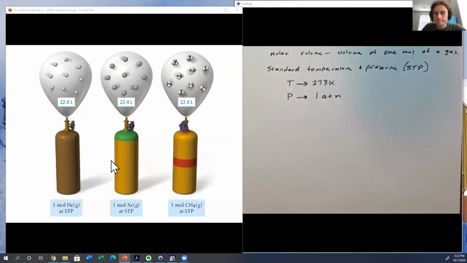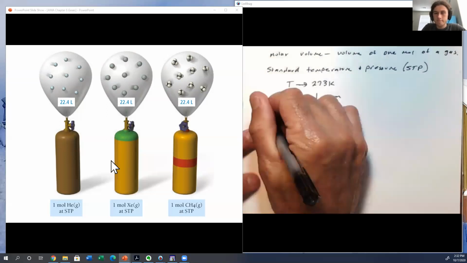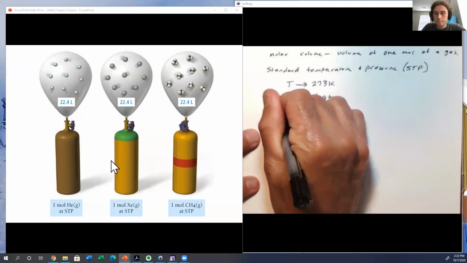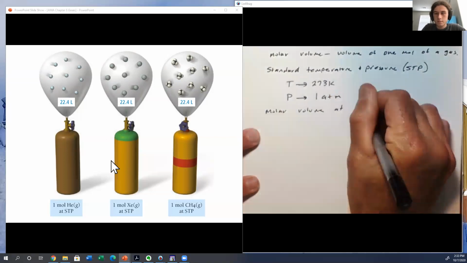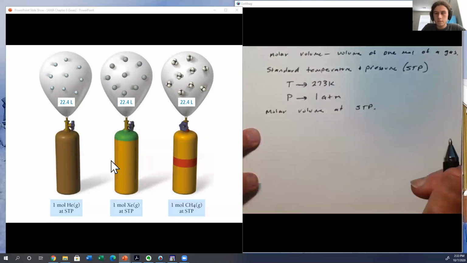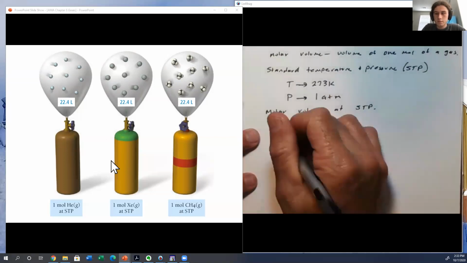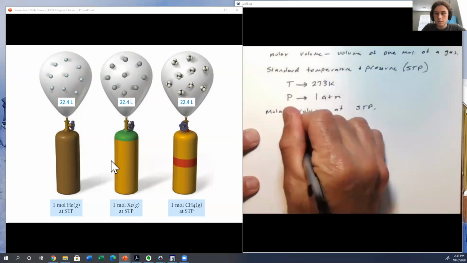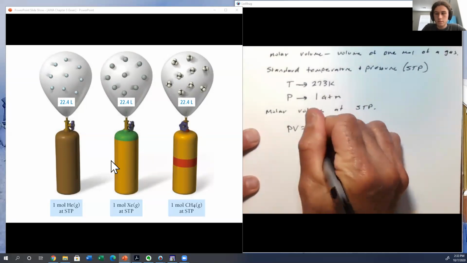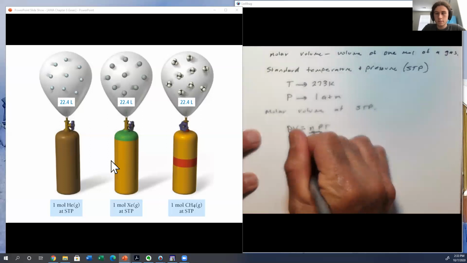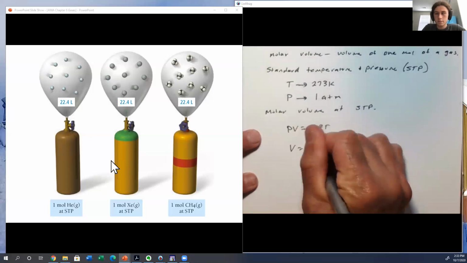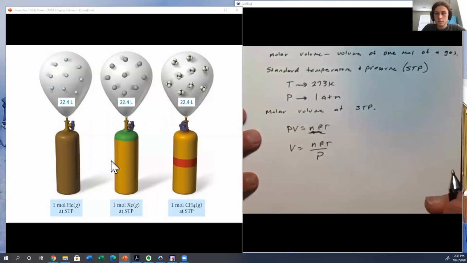One thing we can calculate is the molar volume at STP. How would we do that? Well, we know the ideal gas law, PV is equal to nRT. If we solve for the volume, that's nRT over P. For a molar volume, we'd have 1 mole.